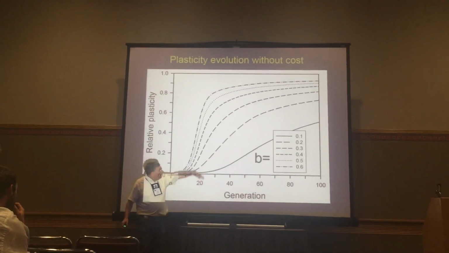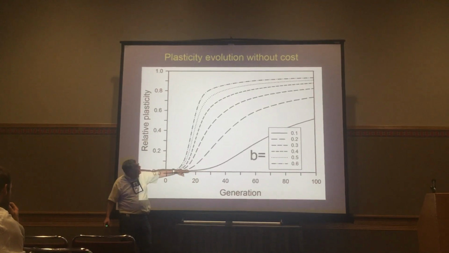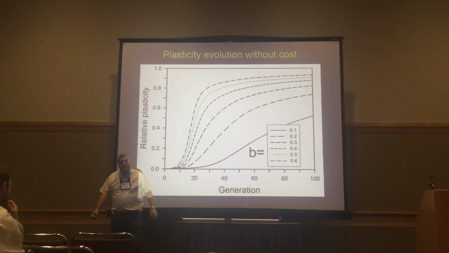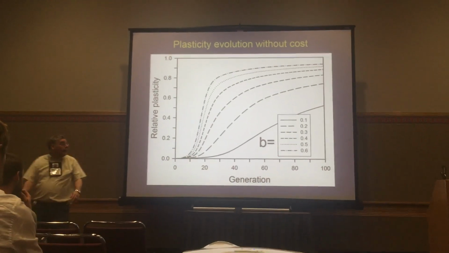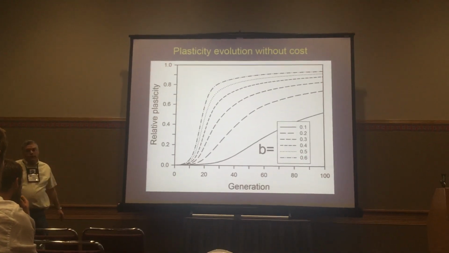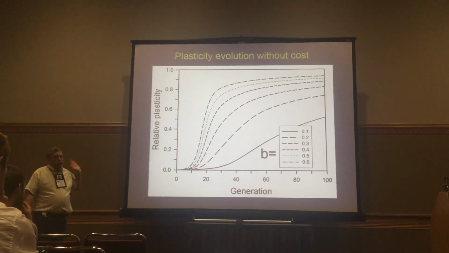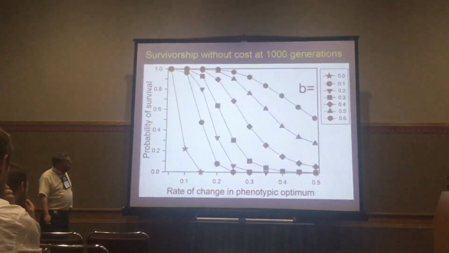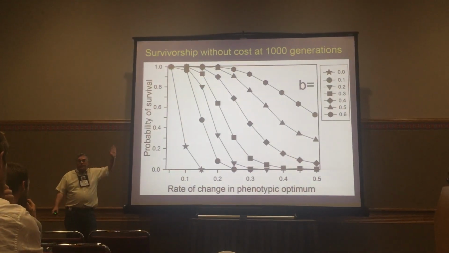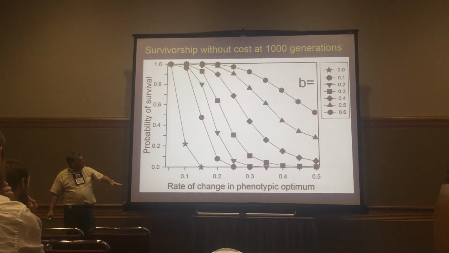And again, the more plasticity being expressed, the faster plasticity evolves, the closer to that optimum you get over that first 100 generations. Now we let the thing run for 1,000 generations, and so here's what's happening at 1,000 generations.